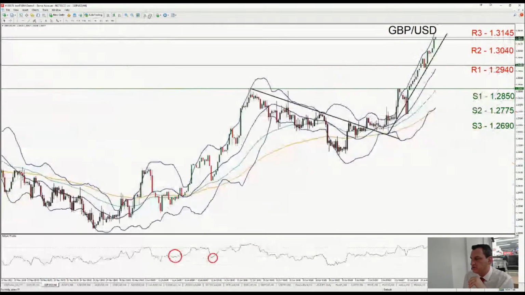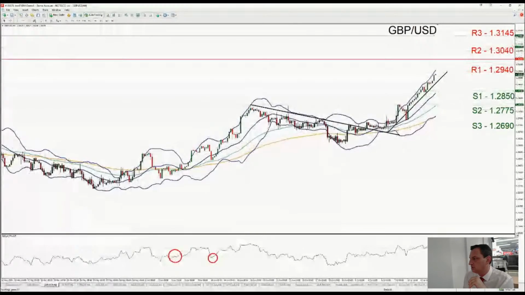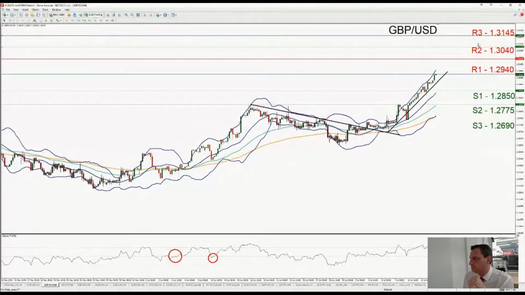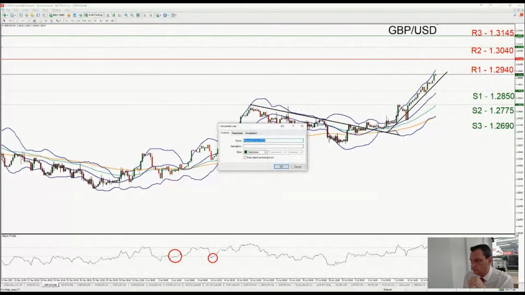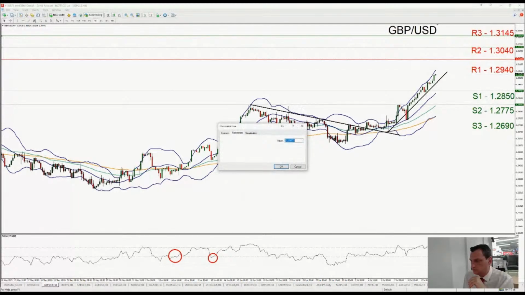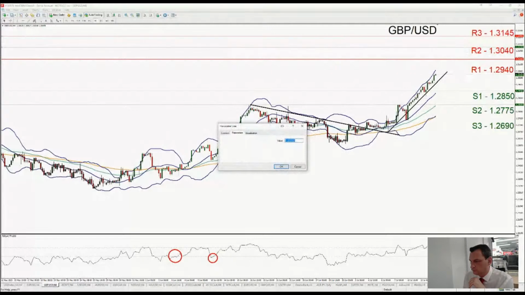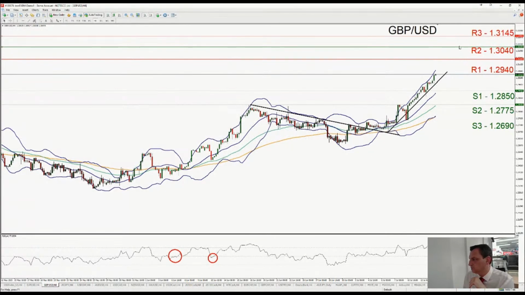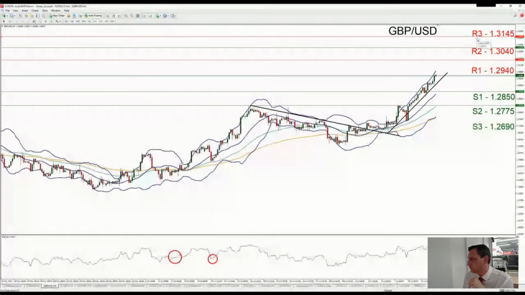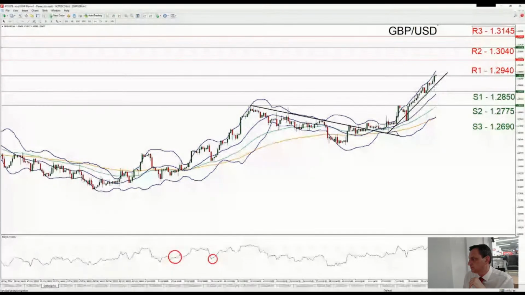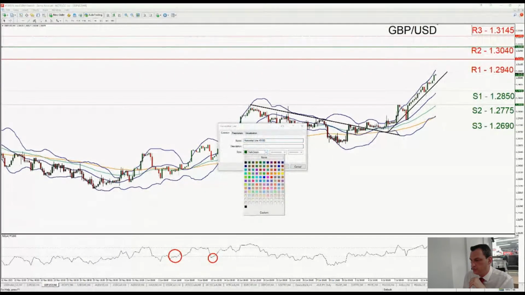Okay, let's readjust the chart. Let's correct the levels as well. Definitely this has to be changed into red.